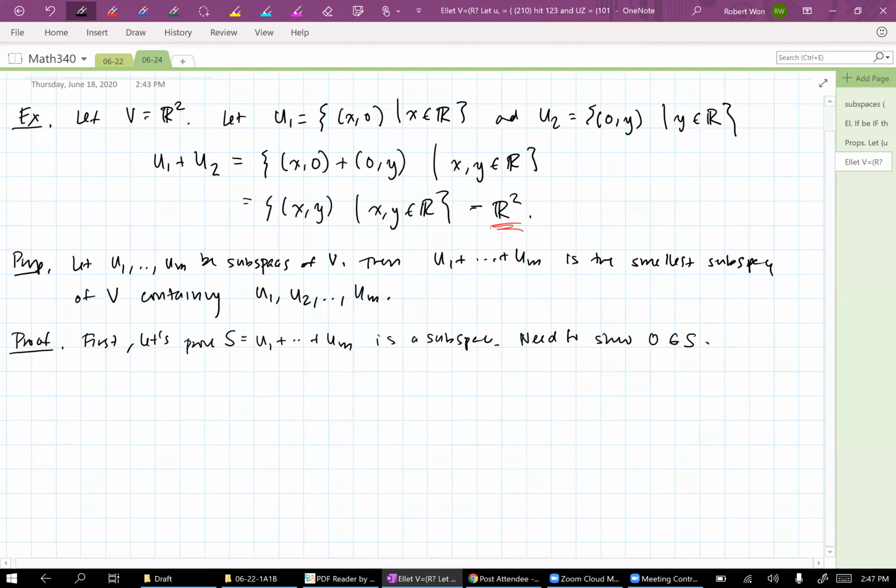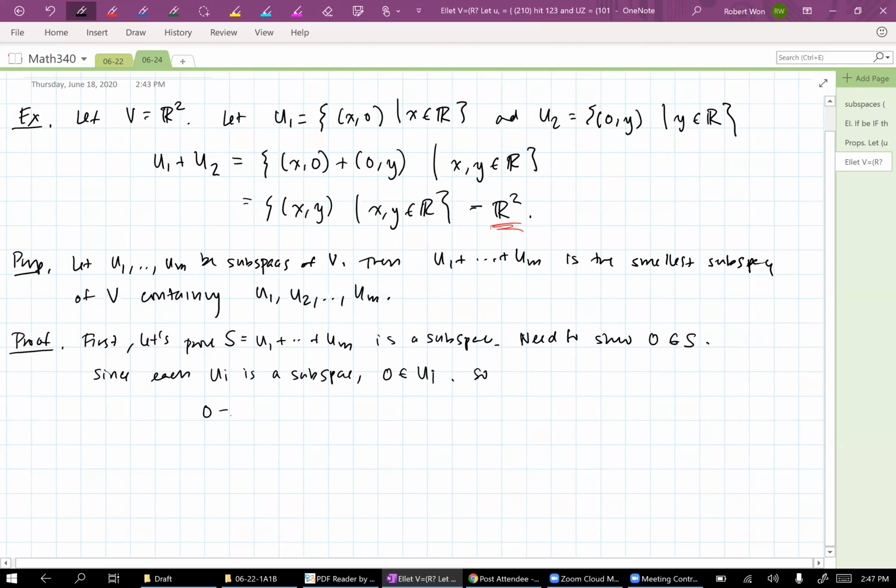Well, how do you show that 0 is in the sum? You need to show that you can write 0 as the sum of some vector from U1 plus some vector from U2 up through some vector from UM. Well, how do I do that? If I add 0 together a bunch of times, I'll get 0. And 0 has to live inside of each of these sets because they're all subspaces. Since each Ui is a subspace, 0 is contained in each of them.